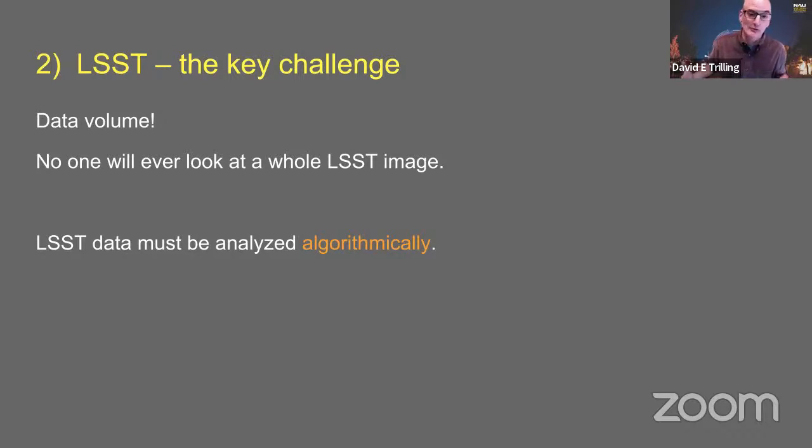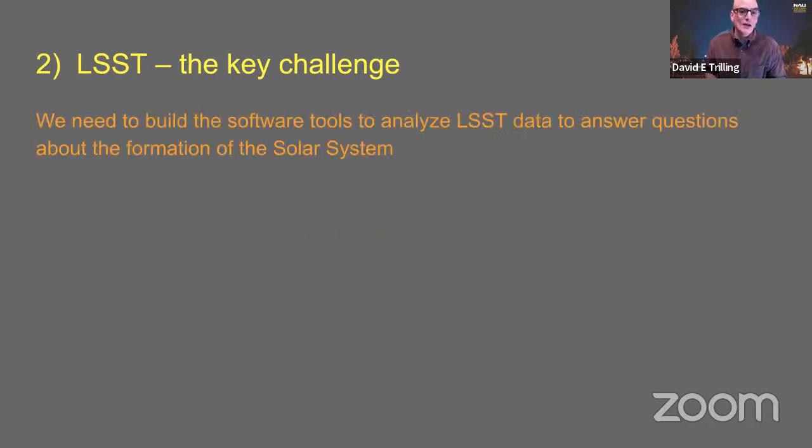It's not possible to look at an LSST image. And in fact, the data volume is so huge that the data must be analyzed algorithmically with computers. Nobody's going to look at images and say, oh, here's an interesting thing I found. We first have to do an algorithmic study. So the bottom line is that we need to build the software tools to analyze the LSST data in order to answer those big questions that I mentioned before.